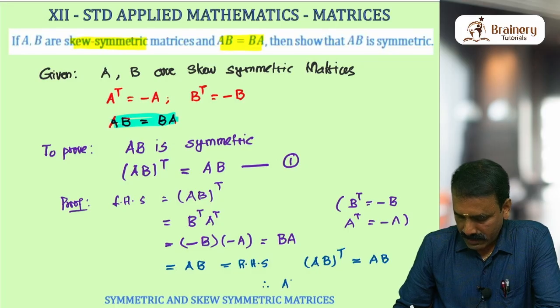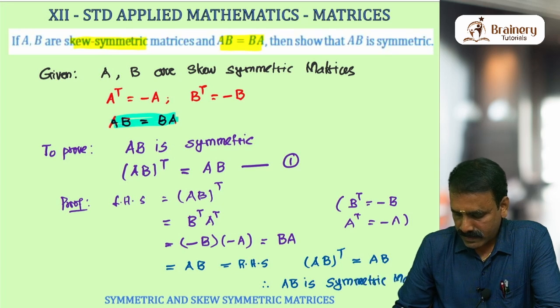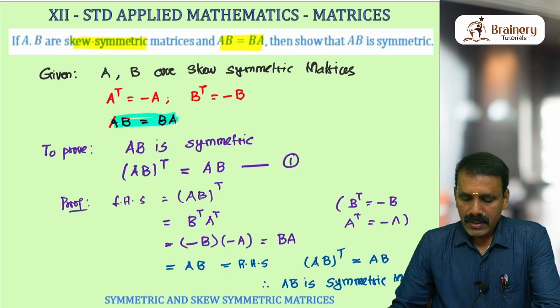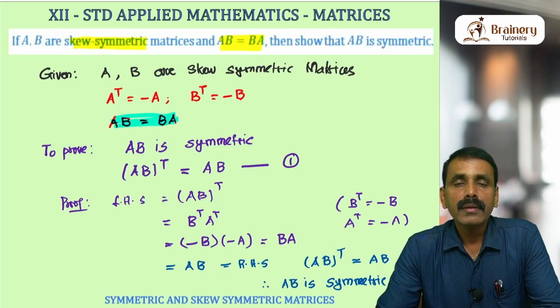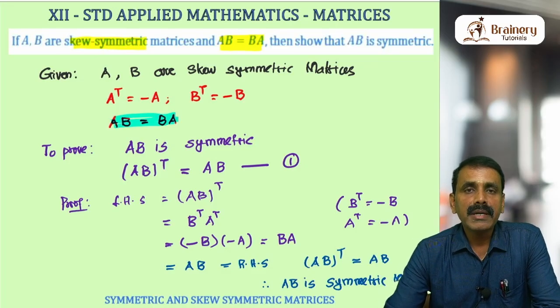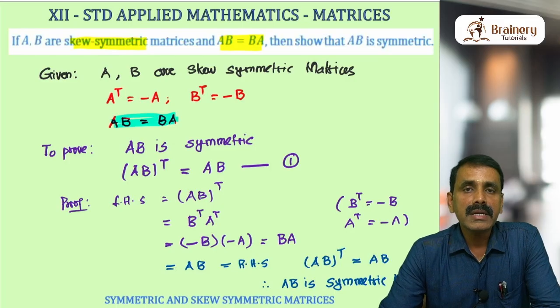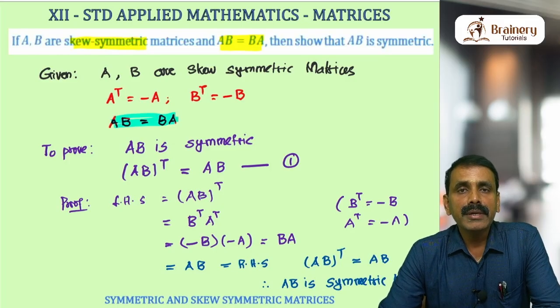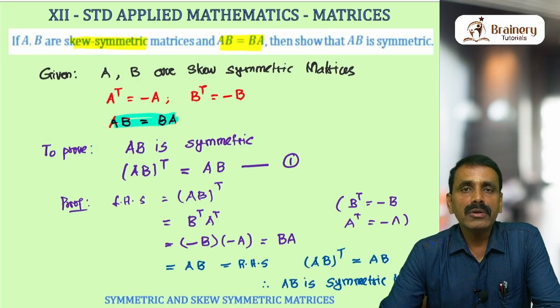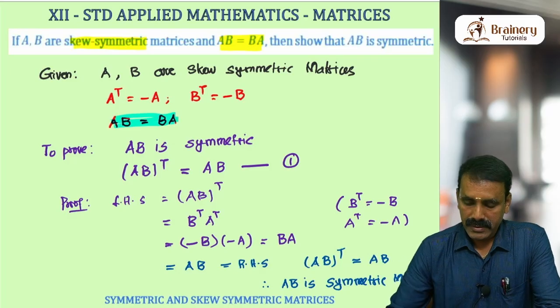Therefore, AB is symmetric matrix. So in this part, A and B are skew symmetric matrices, and we have the condition AB is equal to BA. In that case, the product AB is symmetric. We proved it.